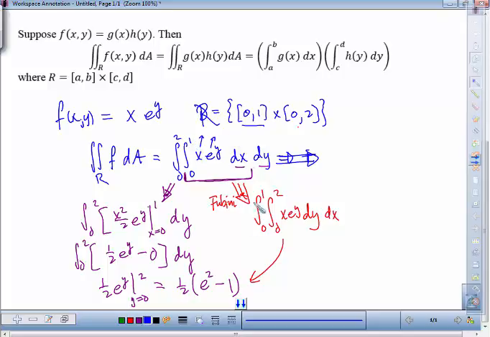So if we take a look at the inner integral here, we're integrating with respect to x, right? So e to the y is a constant with respect to x. We could take that out, and we would still have the integral from 0 to 1 of x dx.